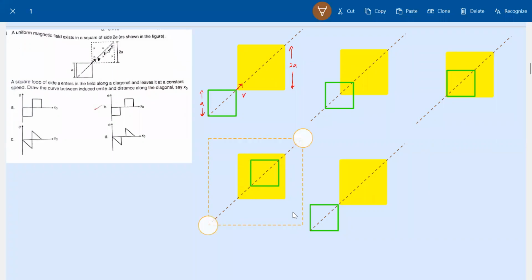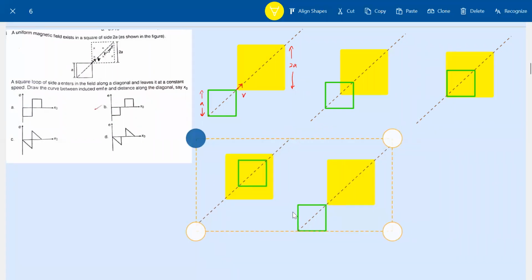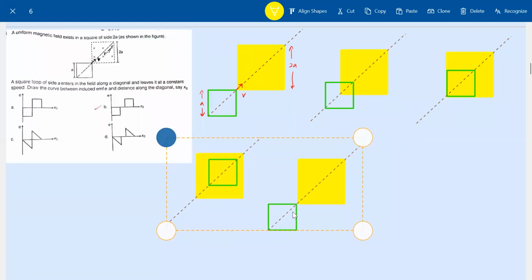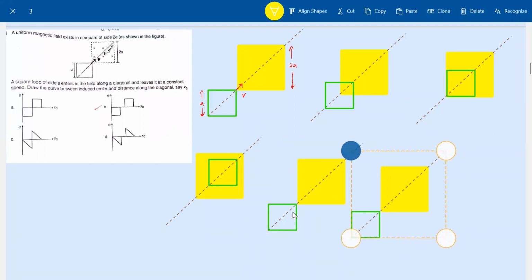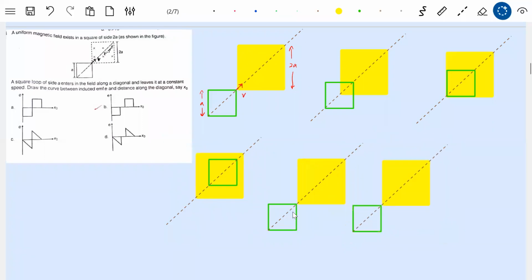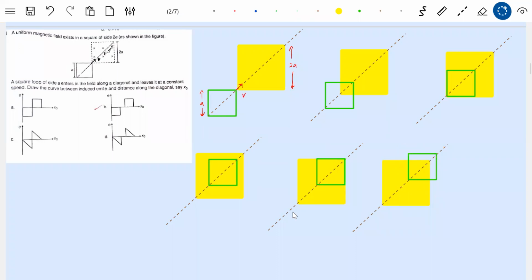Then it is here. Then again it will come to this position. And finally it emerges out.